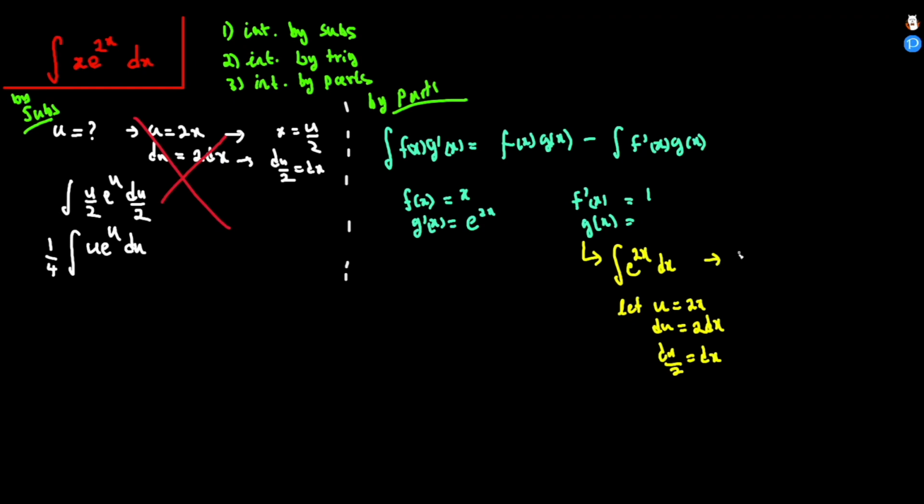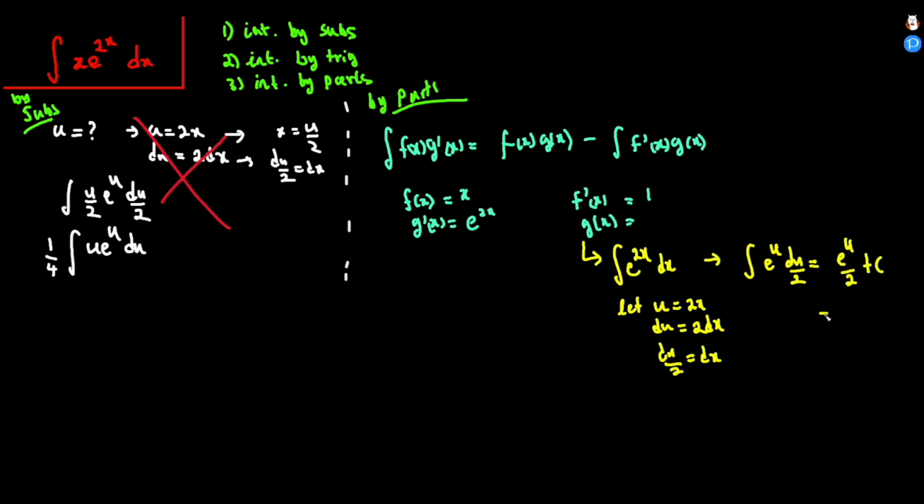So we can say this is the integral of e to the u du over 2, and the integral of e to the u is just e to the u. We have this one half outside, so that's just e to the u over 2 plus c.